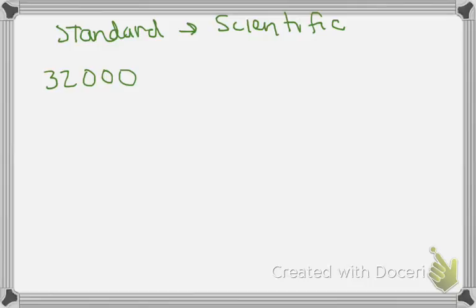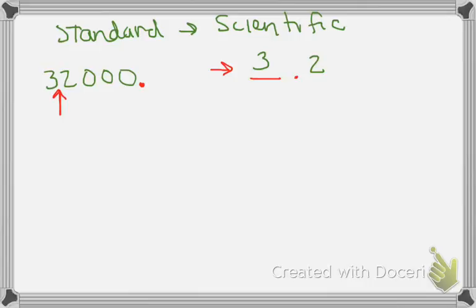Whenever you can't see it, you know it's at the end. Now remember, we want a scientific number, so I want one number in front of the decimal. One number, that's all I want. So I've got to move my decimal where there's only one in front. That's got to be the number 3, and then the 2 will follow after the decimal.